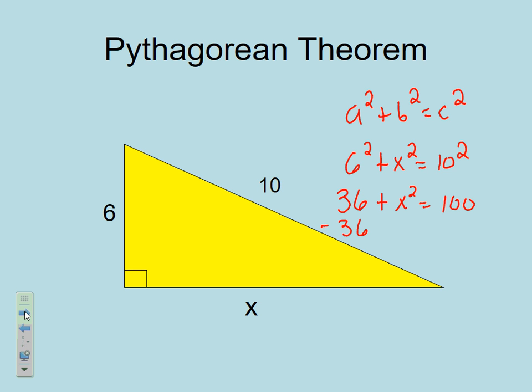Subtract 36 from both sides. And x squared equals 49. Excuse me, not 49, 64. Take the square root of both sides, and x is going to equal 8.